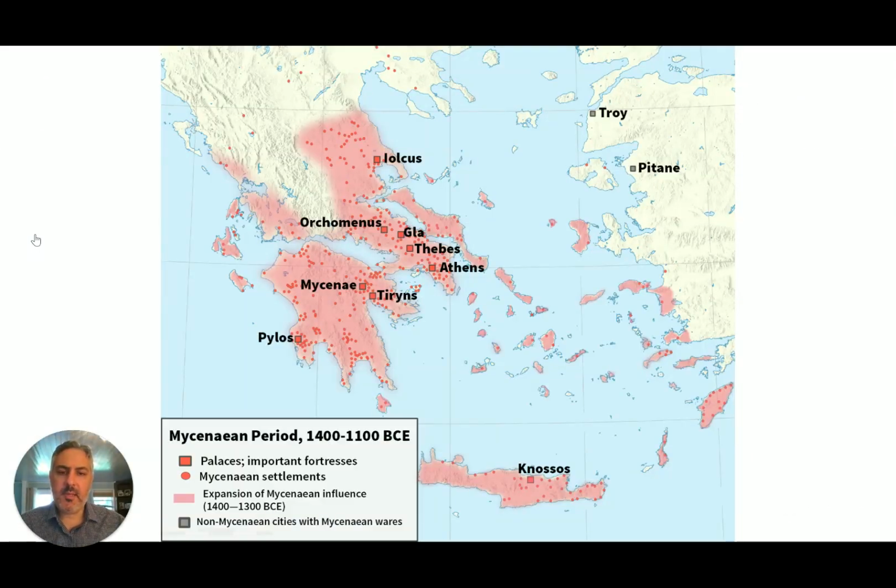Okay, the Minoan civilization ultimately begins to subside and lose its power and reach. There's some theories about that. What is primarily accepted as the explanation for the decline of the Minoans has to do with the explosion of a volcano on a nearby island called Thera, where one of the outposts of Minoan civilization was located.